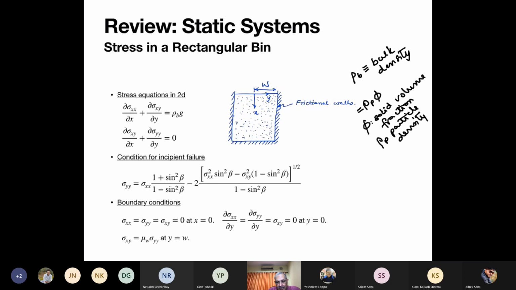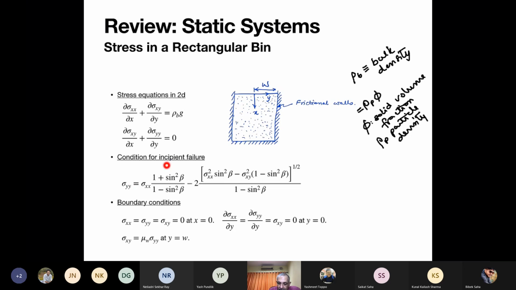So you just get sigma xx linearly varying, so sigma xx is just rho g x, and d sigma yy by dy is 0. That means sigma yy doesn't vary in the y direction, only varies in the x direction. And then you can get this.